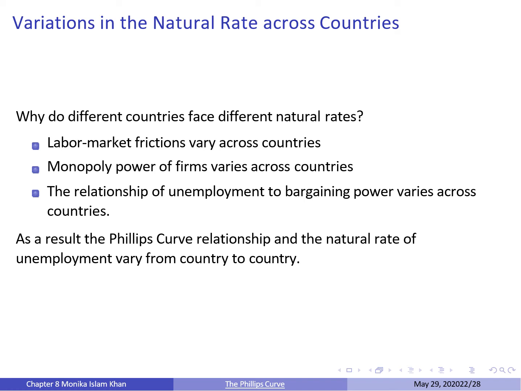It is affected by Z, it is affected by the markup of firms M, and the response of inflation to unemployment represented by alpha. If these factors differ across countries, there is no reason to expect all countries to have the same natural rate of unemployment. And as a result, the Phillips curve relationship and the natural rate of unemployment vary from country to country.